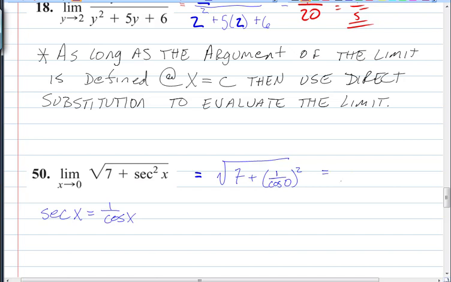So this ends up being the square root of what? 7 plus 1, which is the square root of 8, which is equal to 2 square roots of 2. Simplify that as well. Simplify your radical whenever possible.